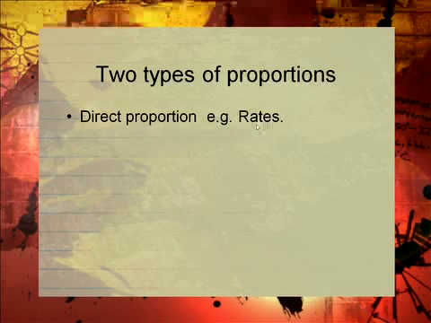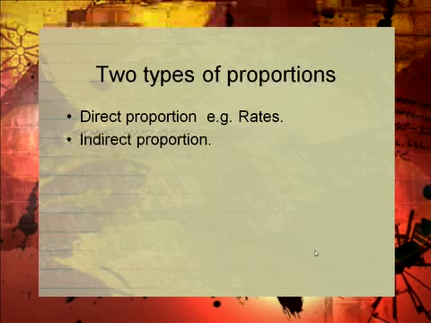Direct proportion, the most common direct proportions are rates. I will explain what we mean by direct proportion and indirect proportion. In direct proportion, when one quantity increases, the other quantity increases as well. If one decreases, the other decreases. They do the same job, both increasing or both decreasing.